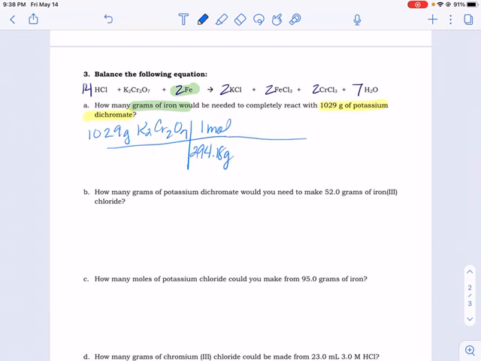The mole ratio of potassium dichromate, I stand corrected, to iron is 1 mole of potassium dichromate to 2 moles of iron.